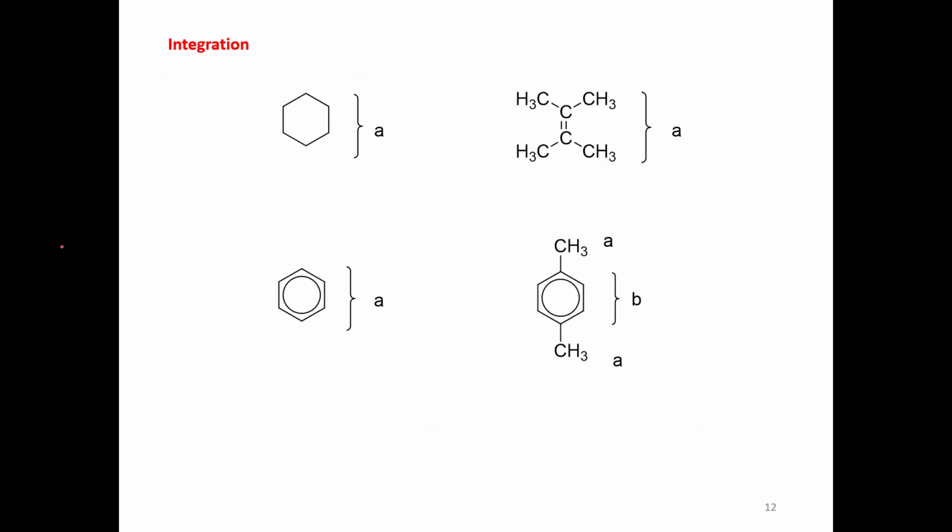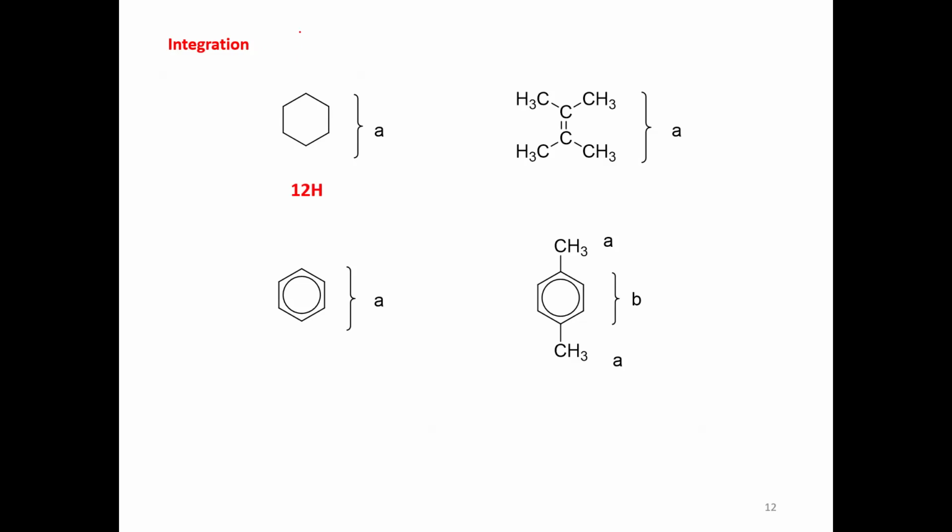Integration. Simple as that. This one, we had one signal only. You integrate it as 12 protons. I have to say that if you get just one signal straight away, the NMR instrument gives you integration 1. Also because of symmetry. You work it out because you will have the formula in this case.